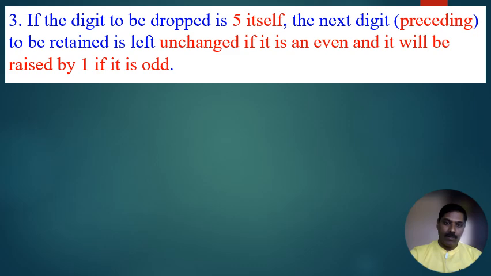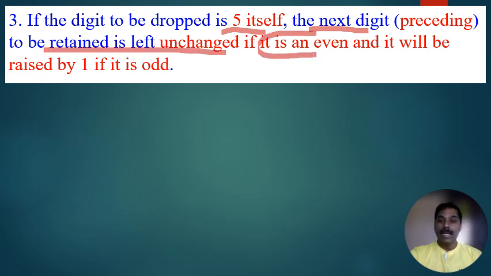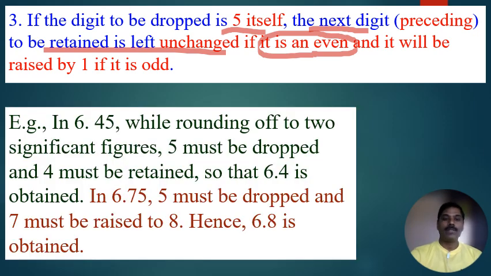If the digit to be dropped is 5 itself, then the preceding digit to be retained is left unchanged if it is an even number. You just observe, in this case, 6.45. While rounding off to 2 significant figures, 5 must be dropped. Since 4 here is an even number, we can drop this 5 without changing 4, so that 6.4 is the answer.